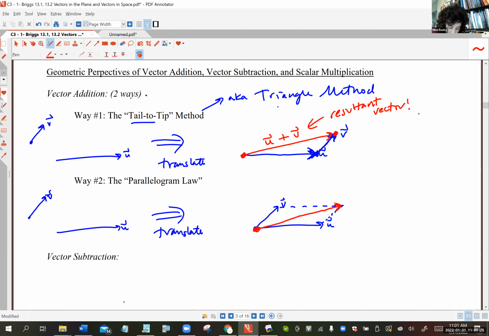That diagonal is the vector u plus v. And notice it looks the same as the first method we did. That's because you want it to be the same. Same thing. That's just called the parallelogram law.